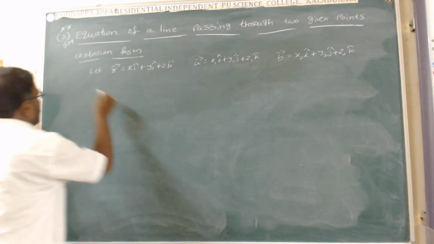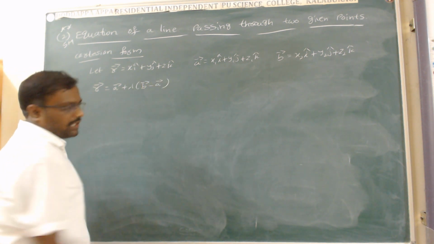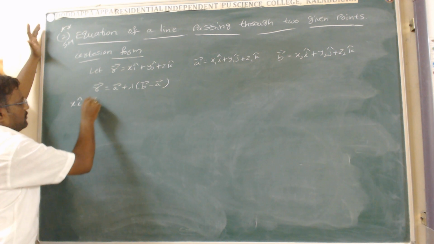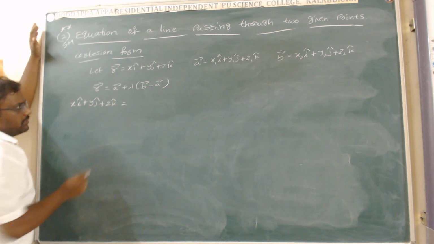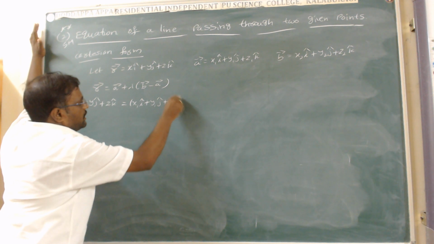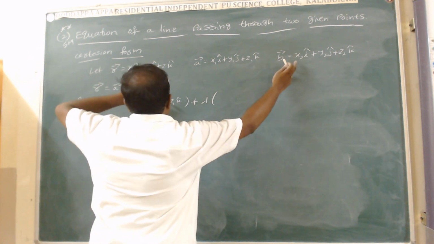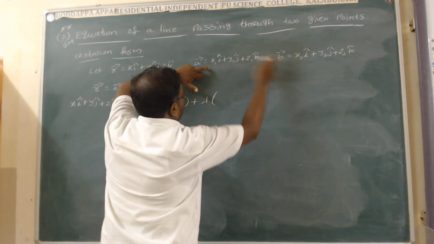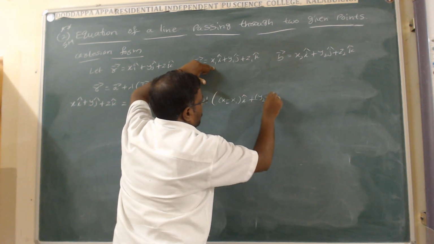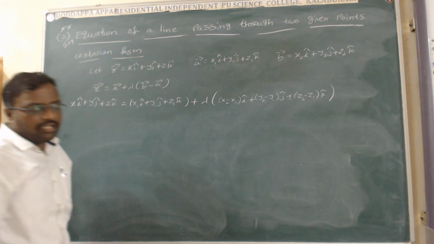Now we know the vector equation: vector R is equal to vector A plus lambda of vector B minus vector A. So substitute the values: xi plus yj plus zk equals x1i plus y1j plus z1k plus lambda of vector B minus vector A, which is x2 minus x1 of i plus y2 minus y1 of j plus z2 minus z1 of k. Right? You can write directly.